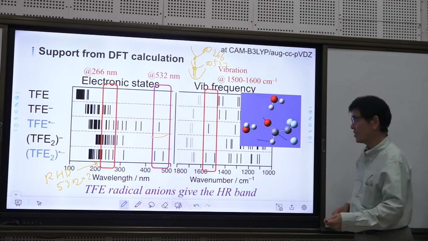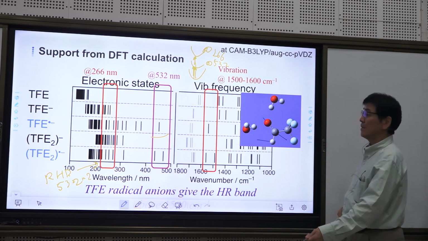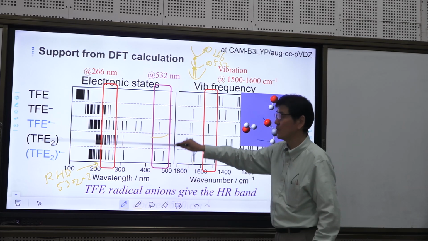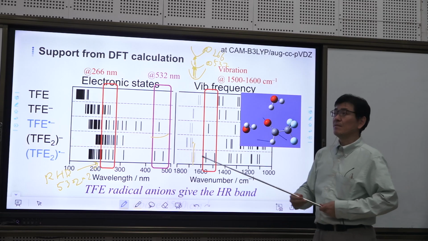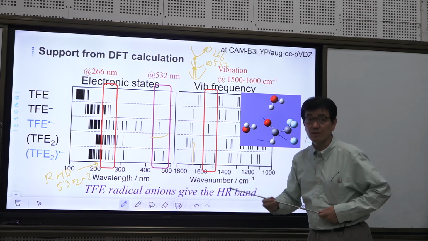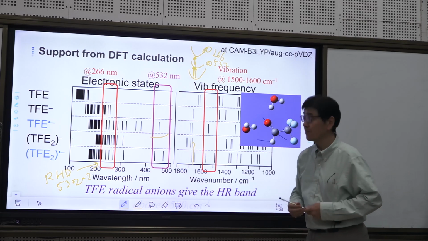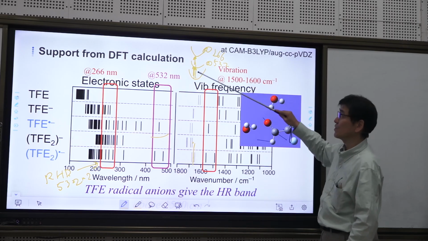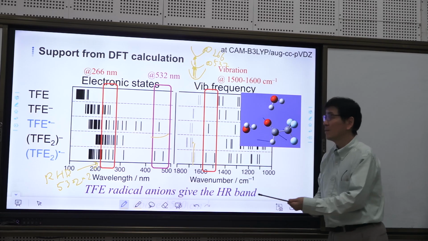If we consider in this way, it's plausible that only these species give the extremely strong hyper-Raman signal, because they undergo the double resonance, 1 photon resonance, 2 photon resonance.